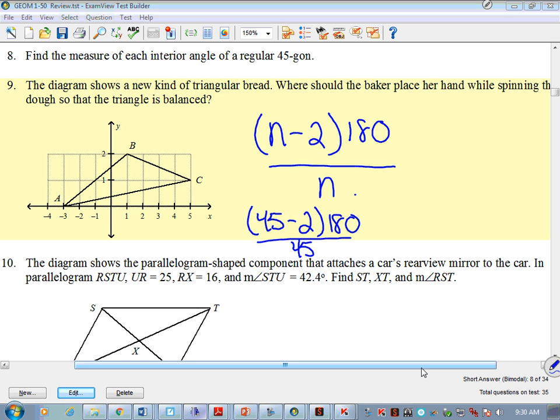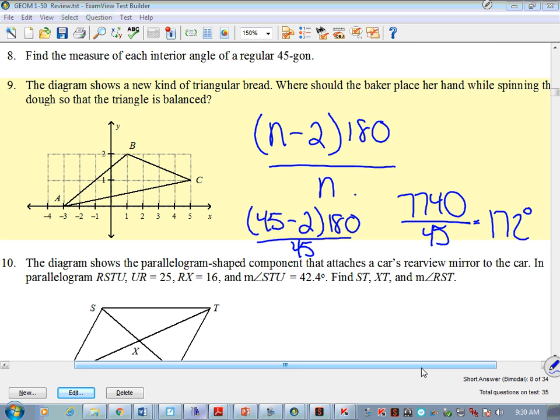What's 43 times 180? Probably pretty big. 7,740. My associate is telling me. Divided by 45 is what? 172. 172 degrees is the measure of each interior angle. Okay. Of each interior angle of a 45-agon.